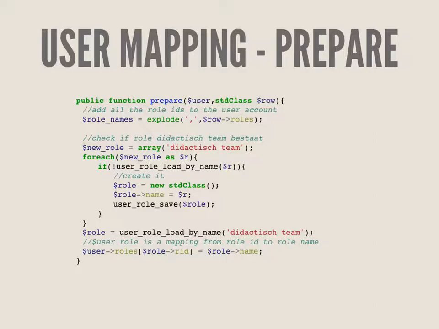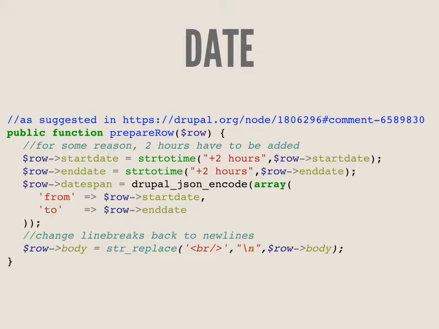The difficult part was how to map a role of a user. Apparently it was a strict format: a map with the role ID as key and the role name as value. It was very particular, not something I expected, and I spent quite some time to figure this out.